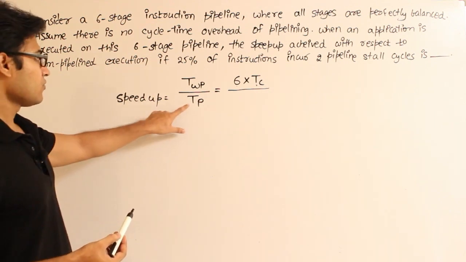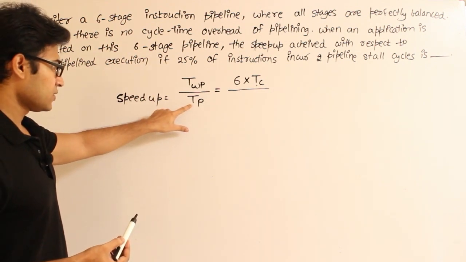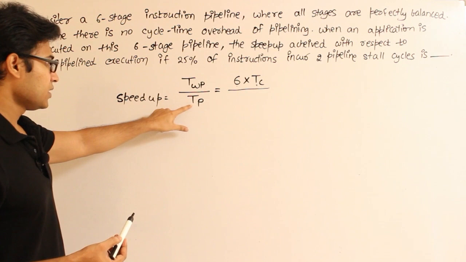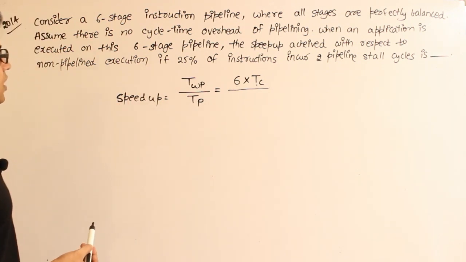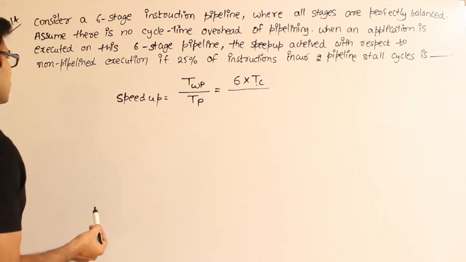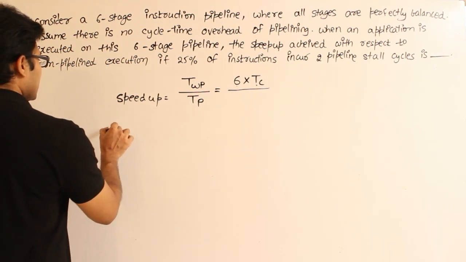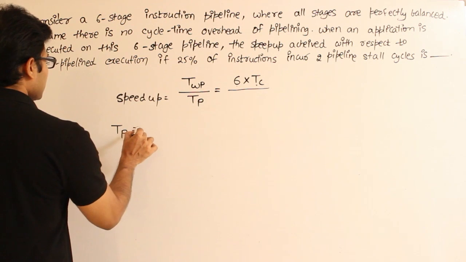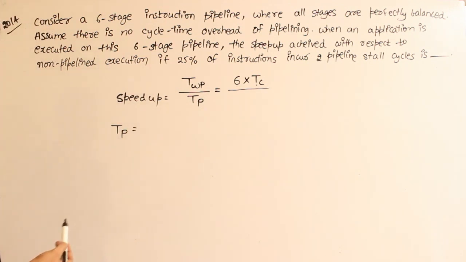Now we want to find out the time taken to execute an instruction on average using the pipeline. In order to find it out, we have to analyze it in a different manner. The time taken to execute an instruction using a pipeline, in general, is 1 clock, isn't it?